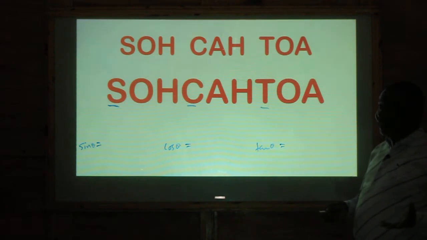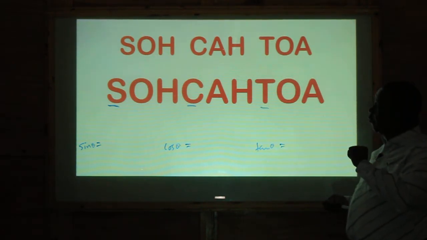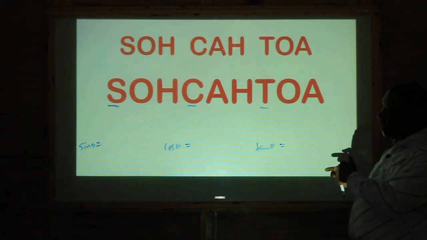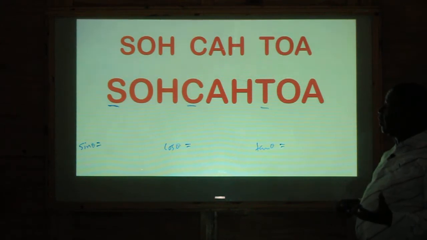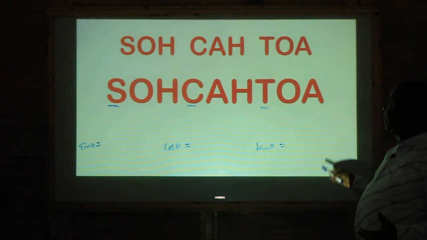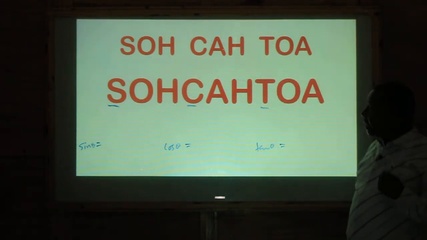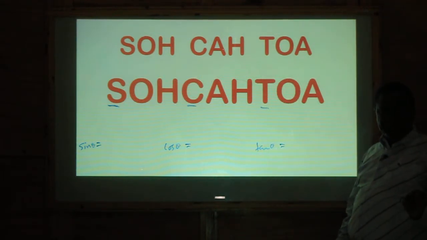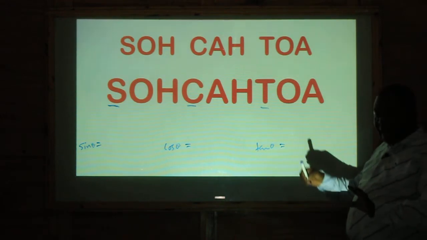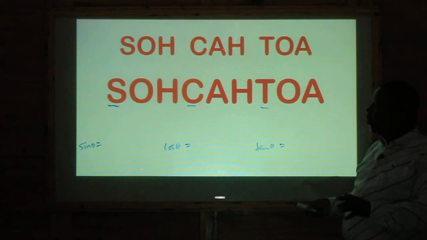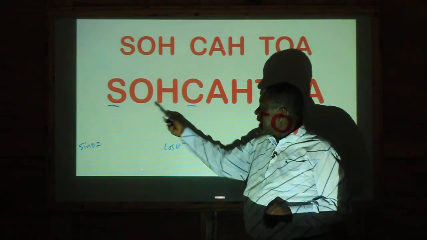Exactly. So I hope this one is very clear. If you can memorize the trigonometrical ratios like the ones I talked about before coming here, that's okay. But if you think you cannot memorize that, just memorize this whole word we call SOHCAHTOA. So that anytime you are taking an examination, for you not to forget, write this particular word before solving so that you don't get mixed up, especially for the sine and the cosine.